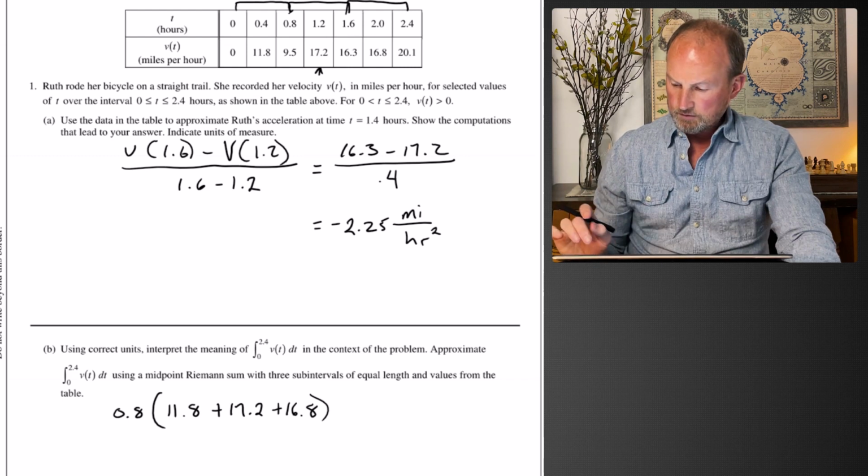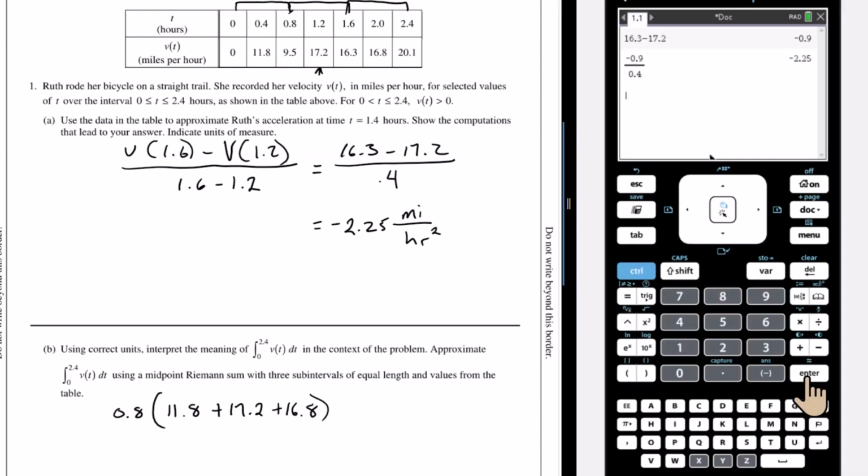Grab my calculator, and I go 11.8 plus 17.2 plus 16.8. Hit equals, multiply it by 0.8. Answer: 36.64.